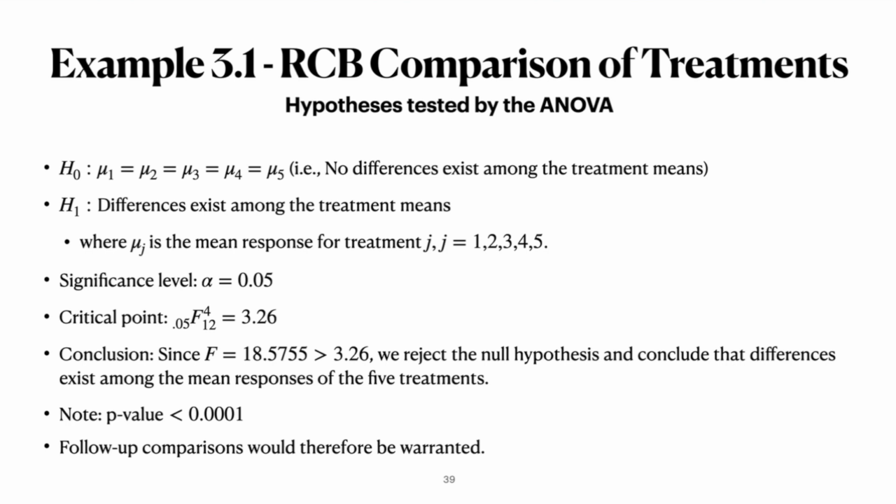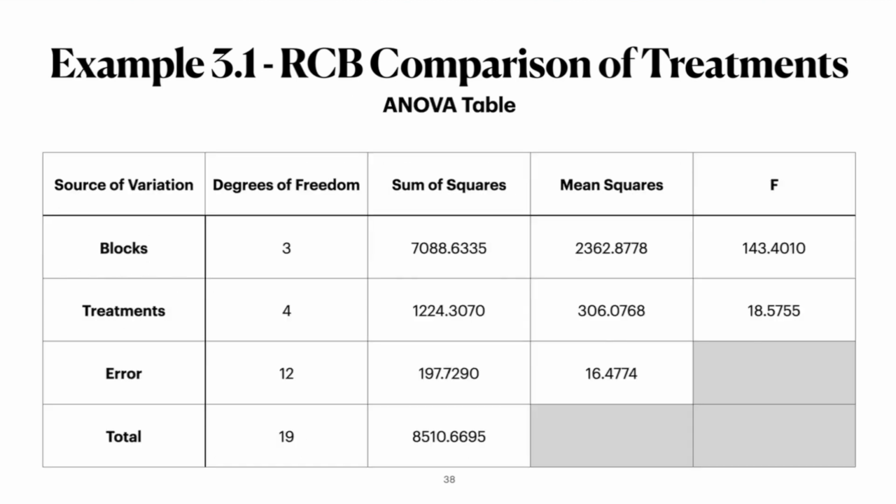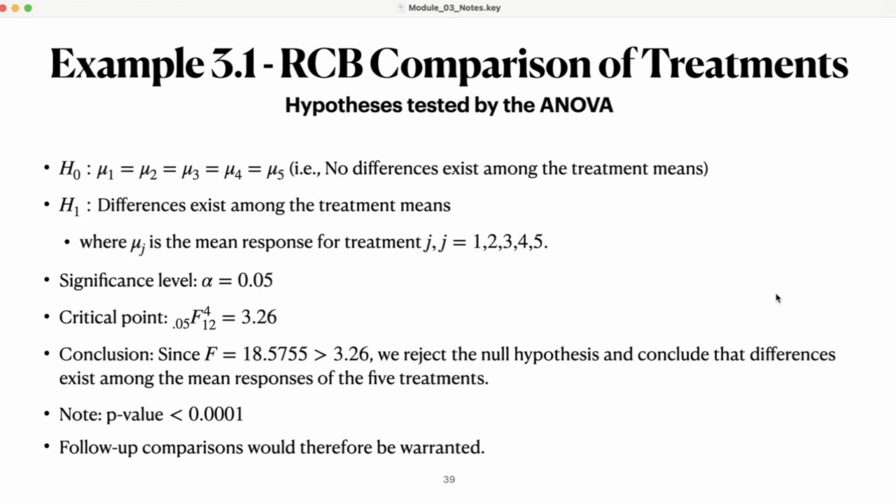The null hypothesis being tested by this F statistic, 18.5755, is that there is no difference among the 5 treatment means. The alternative is that differences do exist, that at least one of the means is different than the rest.